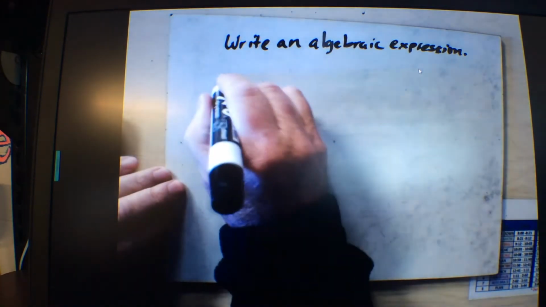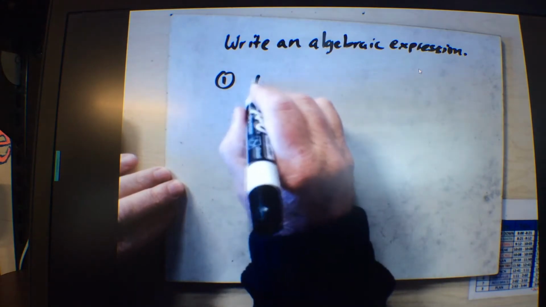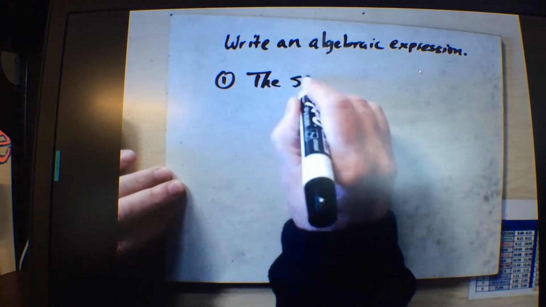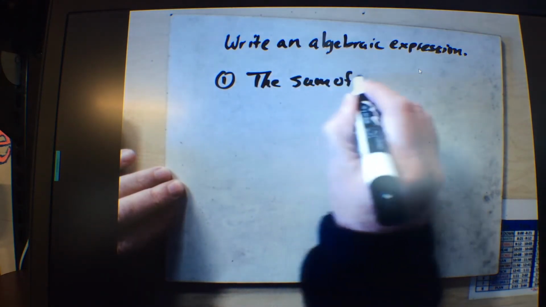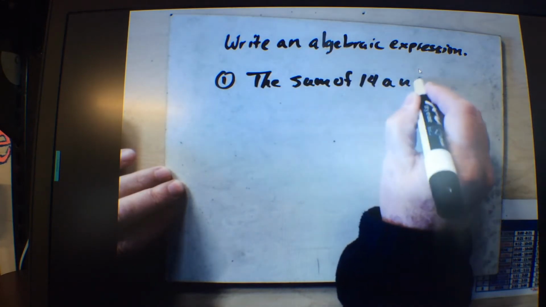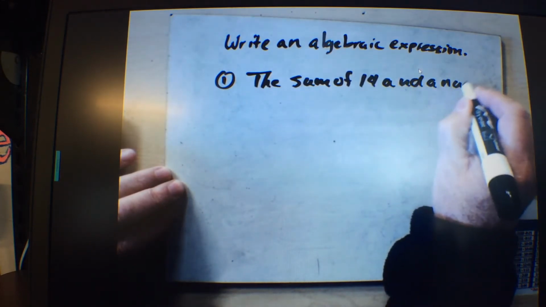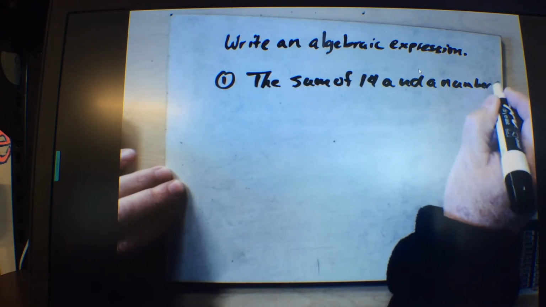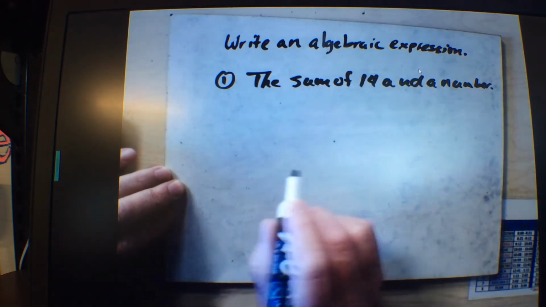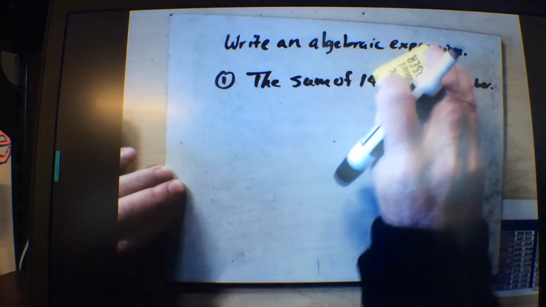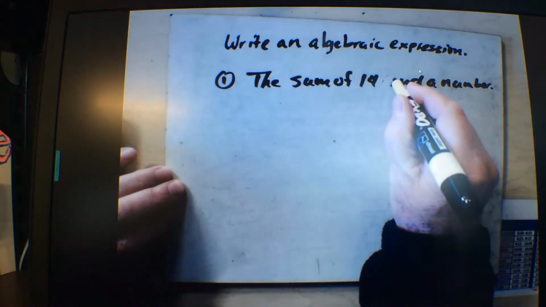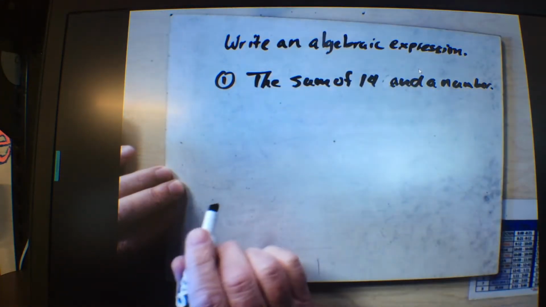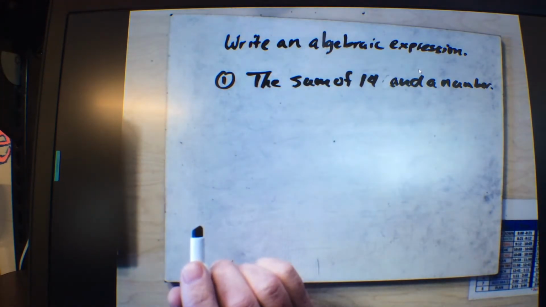So number one, I might say the sum of 14 and a number. The sum of 14 and a number. And what would you write then for that one, Chuck?